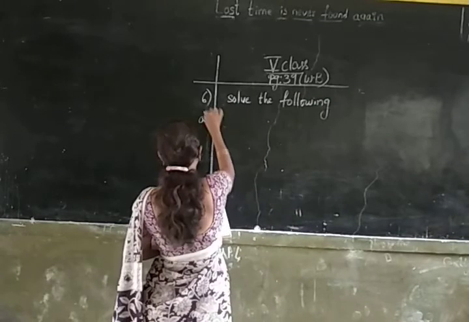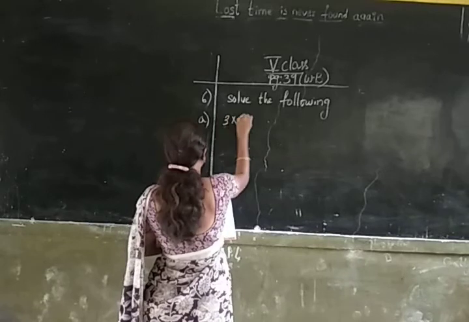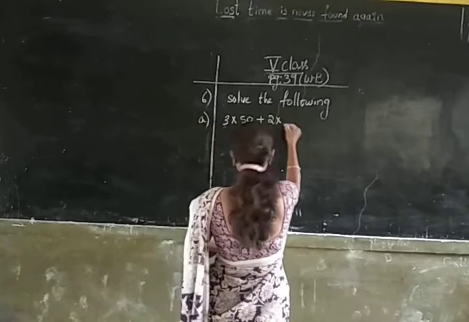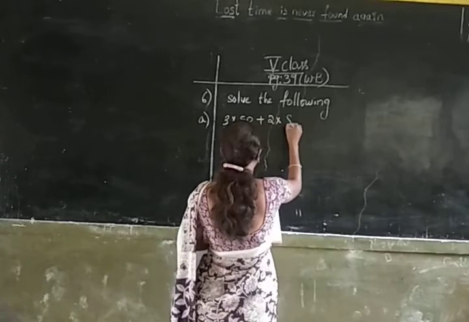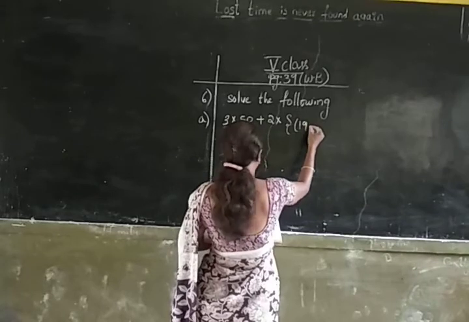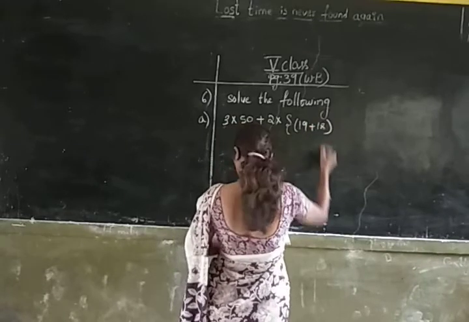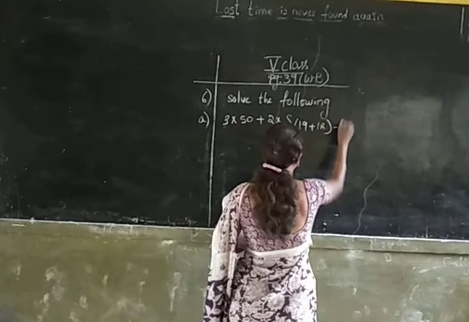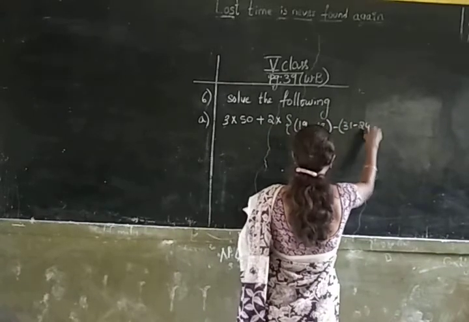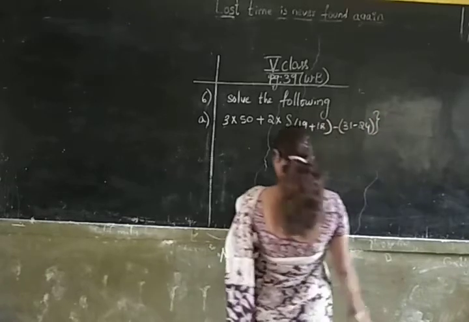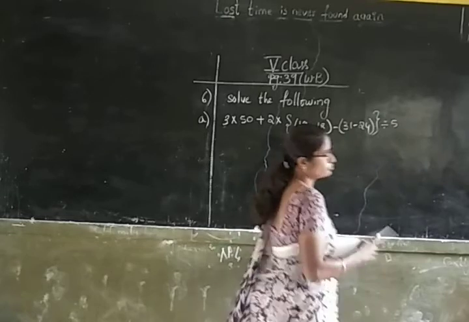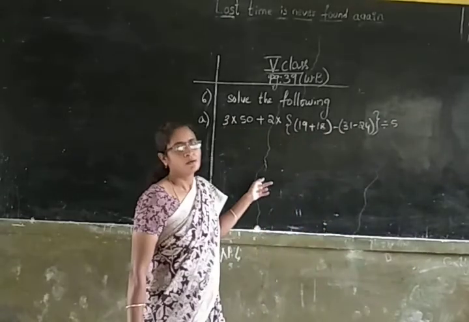The first question is 3 into 50 plus 2 into flower bracket, round bracket, 19 plus 18 minus 31 minus 24, flower bracket divided by 5. Now we have to solve this sum using the BODMAS rule.